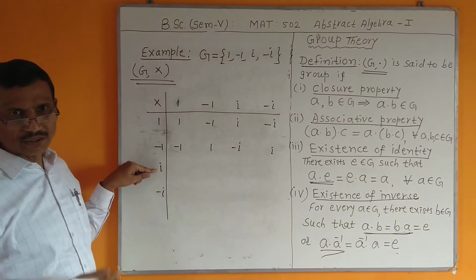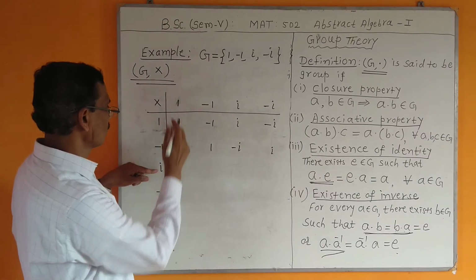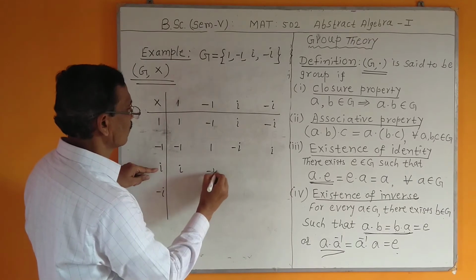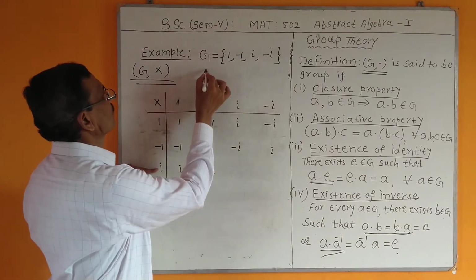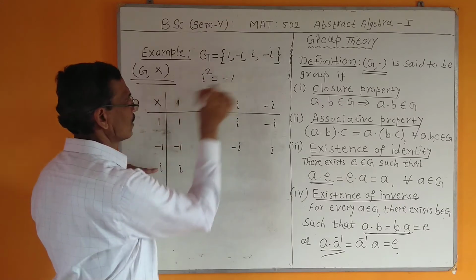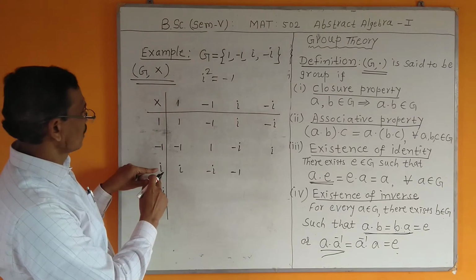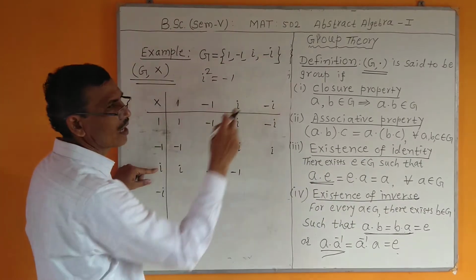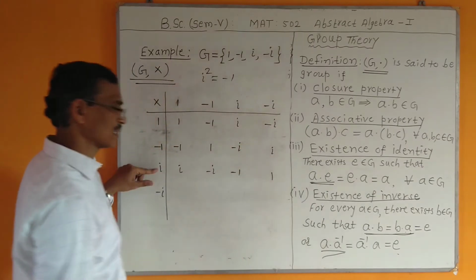Okay. Then next row, i into 1 is i, i into minus 1 is minus i, i into i is i square. Now here i is the imaginary unit, such that i square is minus 1, and i into minus i: this negative sign is already there, and i into i is i square, which is minus 1, and this minus 1 will become plus 1.